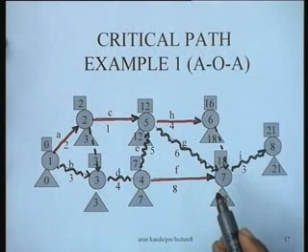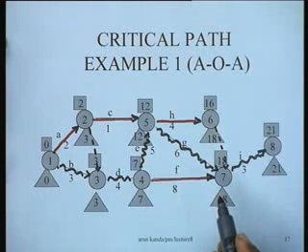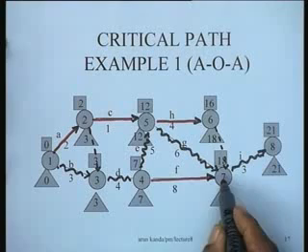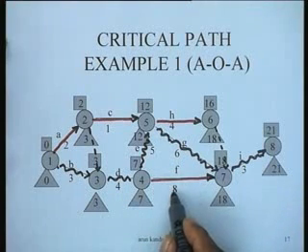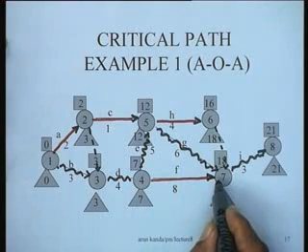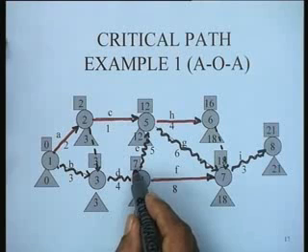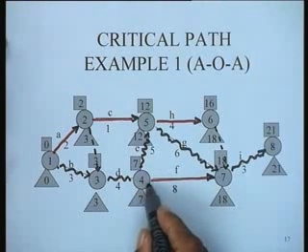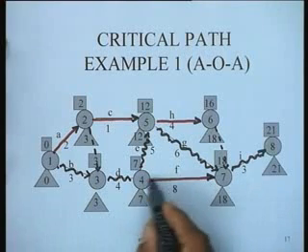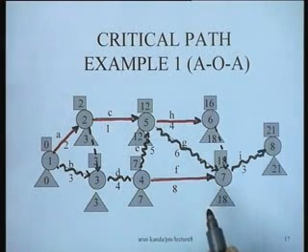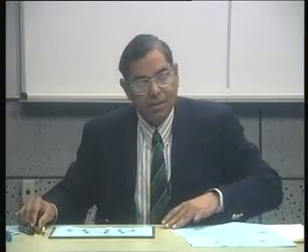So one has to be a little cautious in identifying the critical path, because simply joining two critical nodes without verifying that this particular duration exactly matches this. You see, this is not critical because from 4 to 7 this is 11 units of time, and this activity takes only 8 units of time. So it's not critical. It has a float of 3 units. So this is how we can identify the critical nodes.